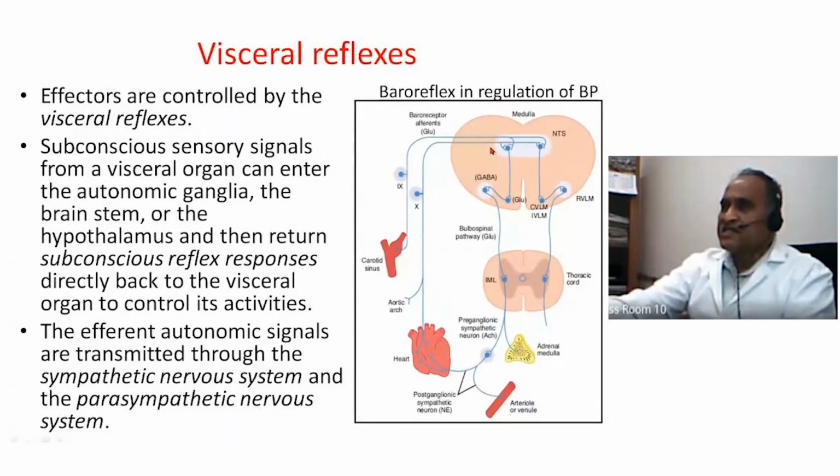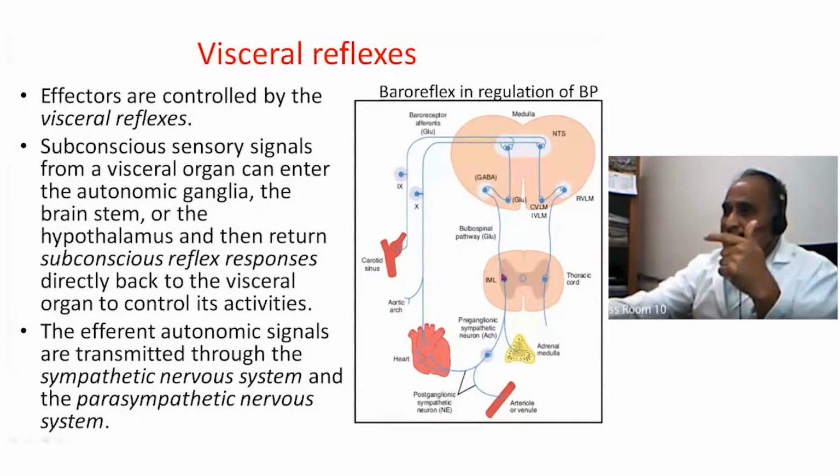Once it reaches the nucleus tractus solitarius, it sends an excitatory signal to the inhibitory pathway, because there is an increase in pressure and the pressure has to decrease. This is the pathway which descends down, the bulbospinal projections. That means from the medulla to the intermediolateral cells of the spinal cord, where sympathetic neurons are located.